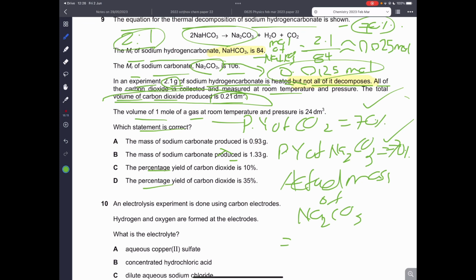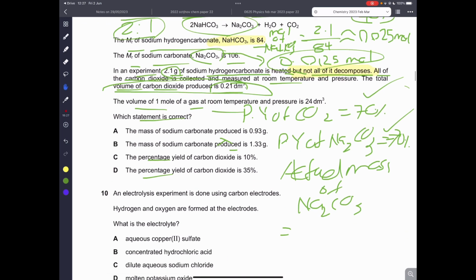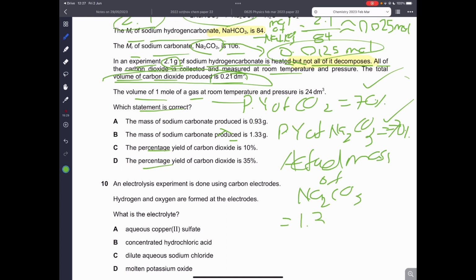So the theoretical mass we have gotten, which is 1.33 at the top here. Yes, the theoretical mass of sodium carbonate is 1.33. So we are going to multiply this 1.33 by the percentage yield, and this is going to give us 0.931, which is the same as 0.93 grams.